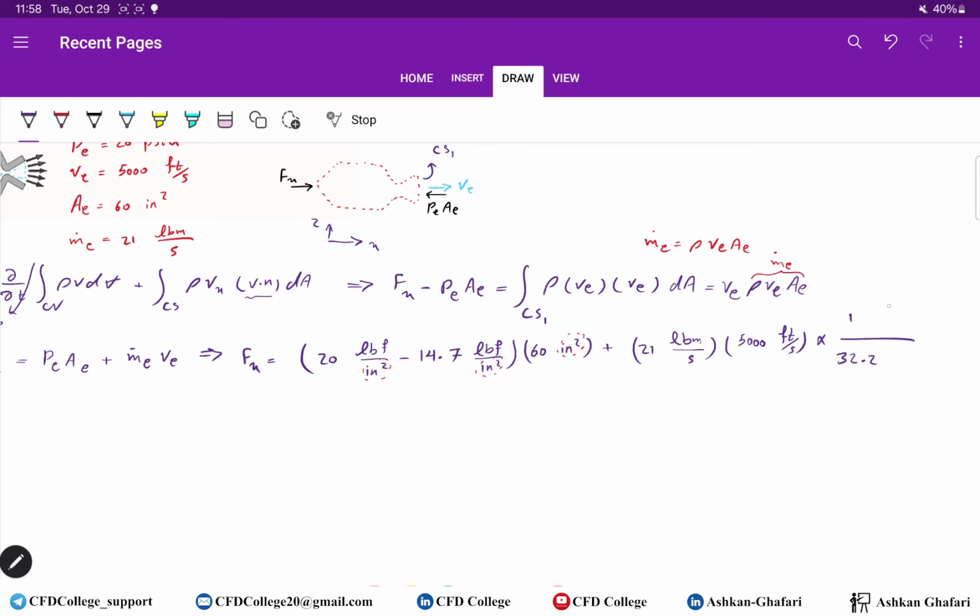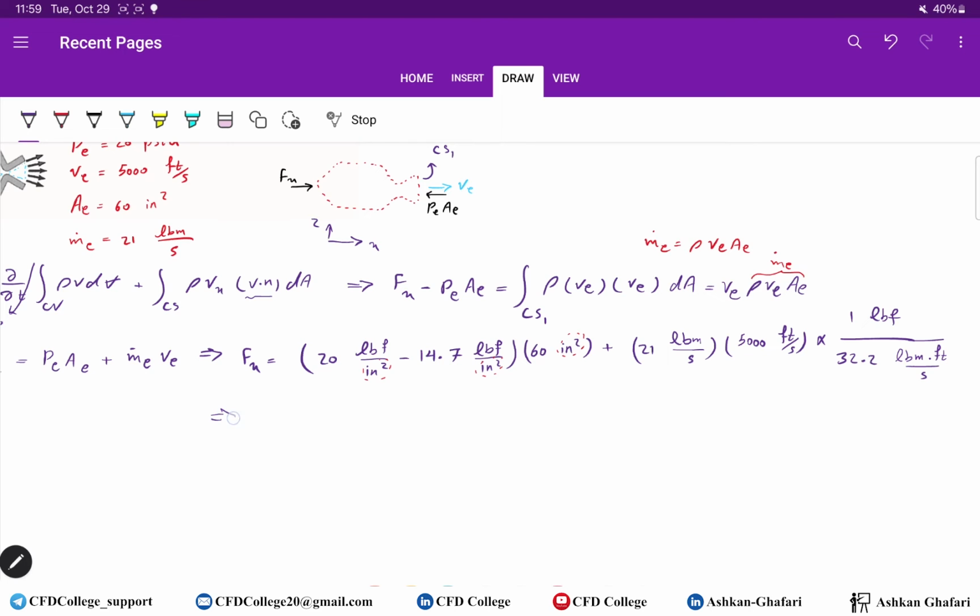Actually it's like this: 1 lbf equals 32.2 lbm times feet over second squared.